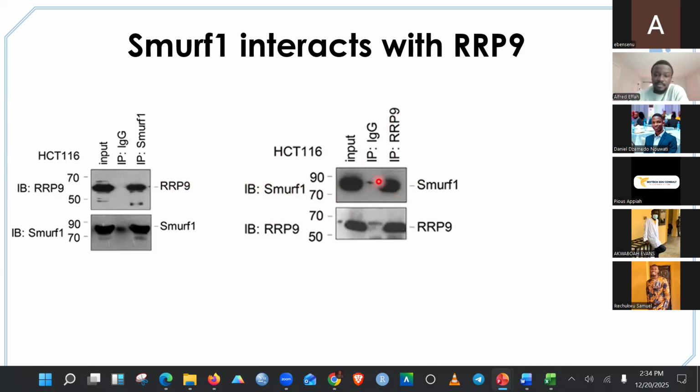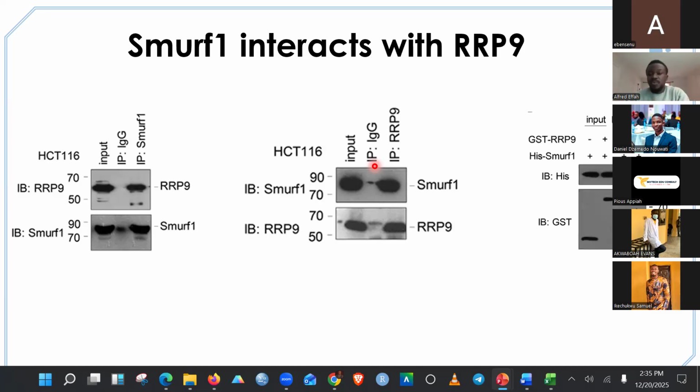There's an interaction. Now the question is, is it a direct interaction, or is there a mediator linking the two? To be sure that there is a direct interaction between the two, they performed what we call the GST pull-down assay. In a GST pull-down assay, you just fuse your RRP9 with GST.